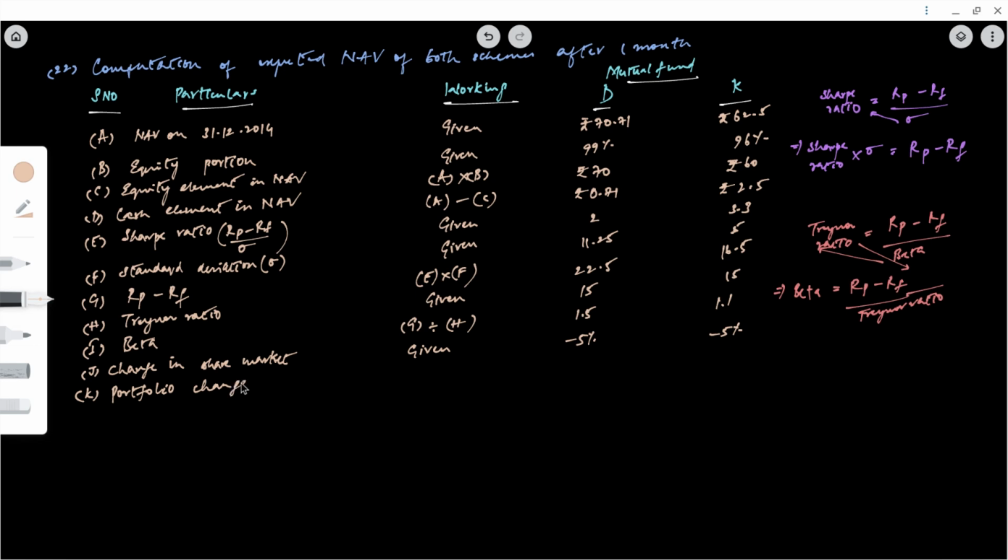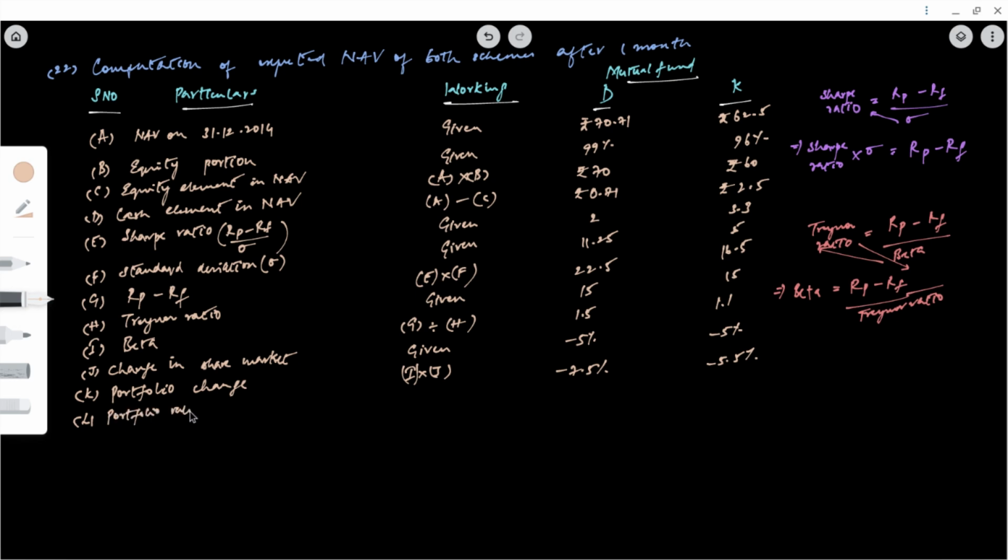Portfolio change is beta into change in share market. So it is I into J, right? So it is 1.5 into minus 5%, so it will be minus 7.5%, and 1.1 into minus 5%, so it is minus 5.5%. Okay. So we found out portfolio change.